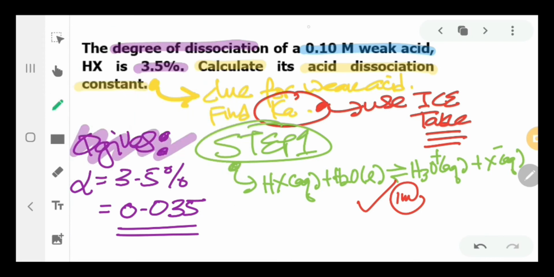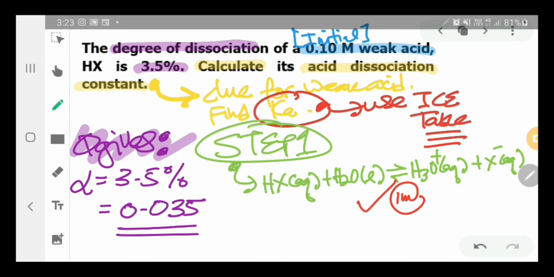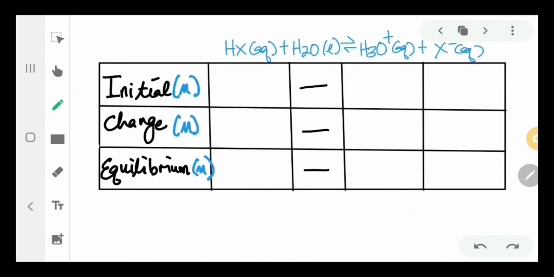So we're going to plug that into here, 0.10. This one is not being produced yet initially.